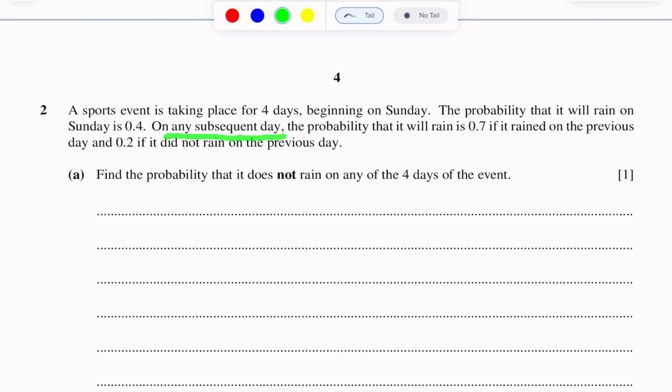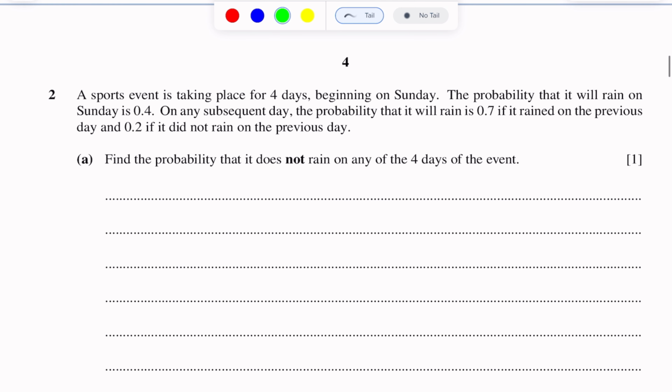On any subsequent day, the probability that it will rain is 0.7 if it rained on the previous day, and 0.2 if it did not rain on the previous day. Find the probability that it does not rain on any of the 4 days of the event.